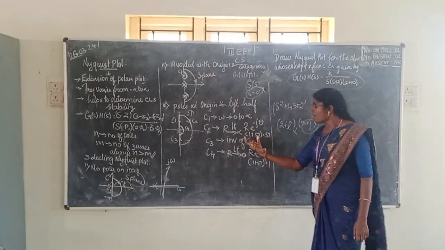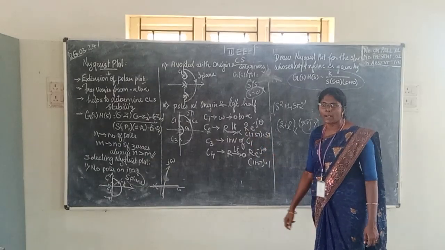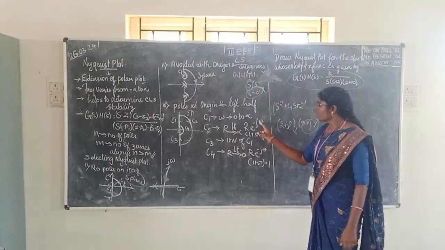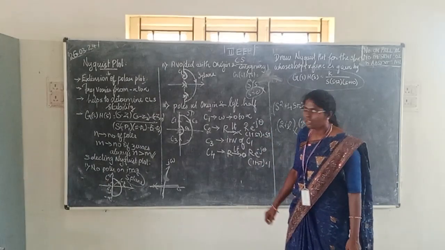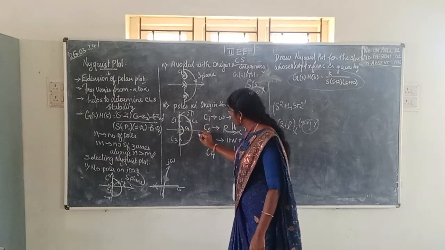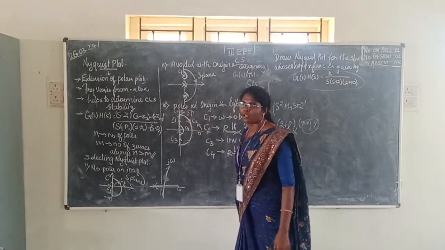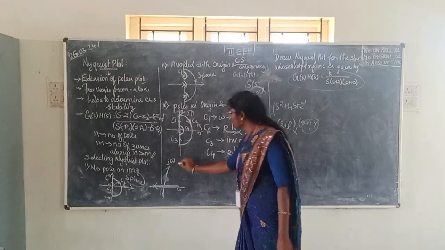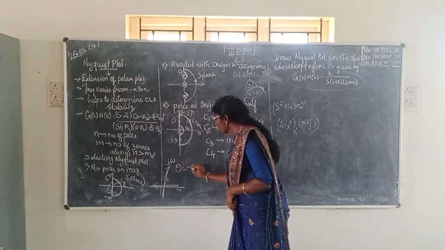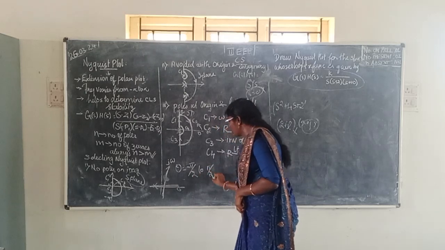So we can say s equals the limit of R e to the power j theta as R tends to infinity. So the value of theta ranges from where? From here to here, right? I told you here is 0 degree, and here it is minus 90 degree in the anti-clockwise direction. So theta ranges from minus pi by 2 to plus pi by 2.